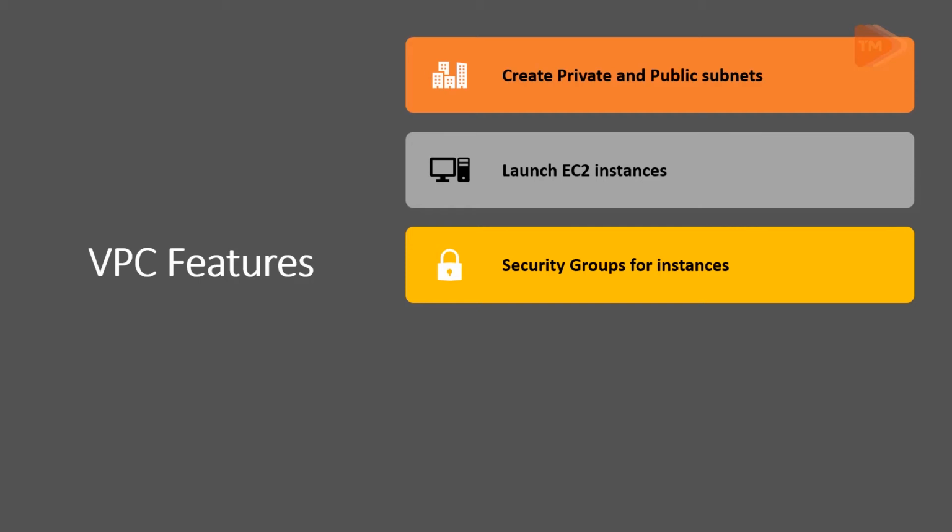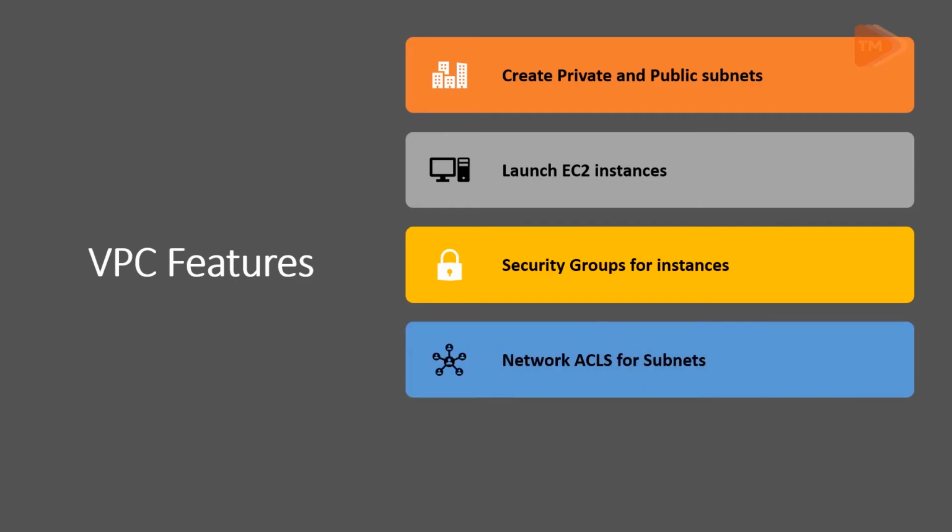We'll discuss that in detail in the security groups track. Again, network ACLs act similarly, but they are for the subnets. They are also for controlling the traffic. There is a difference between a security group and a network ACL. It's not just about instances and subnets. Why and where would you use each? We'll check that in the security groups versus NACLs track.